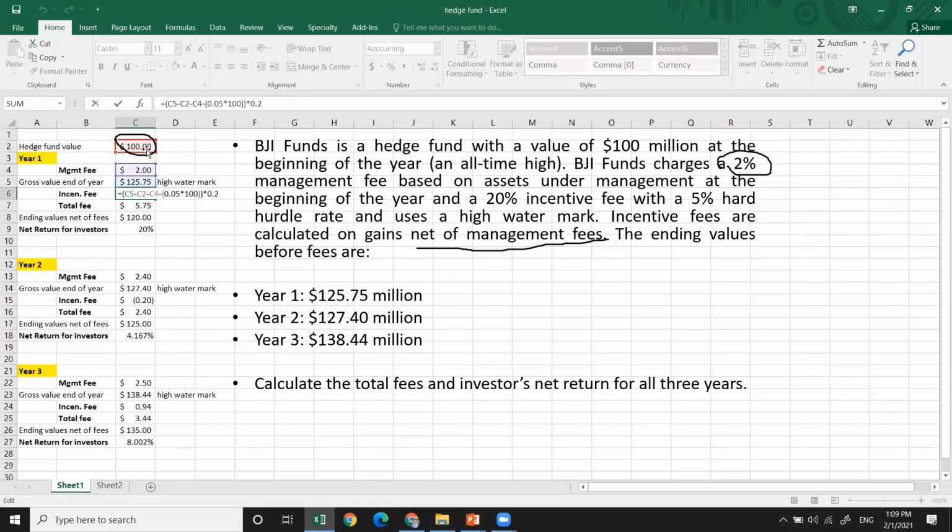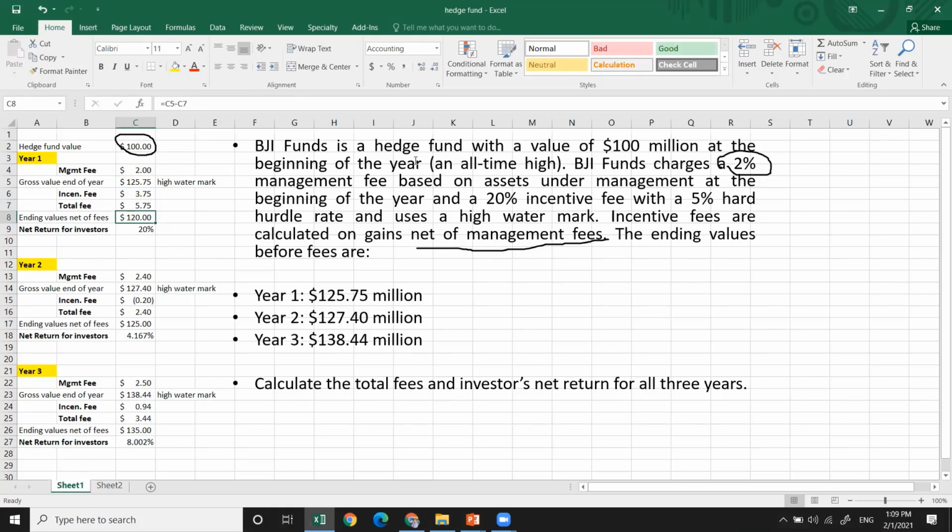So C2 is the value that we had, how much we generated in net number, which makes 25,075,000, minus the management fee and minus the hurdle rate, the hurdle amount that you have. Whatever you get should be multiplied by the incentive fee rate in order to estimate the incentive fee for the managers of the hedge fund. And the total fee is the sum of the incentive fee and the management fee.